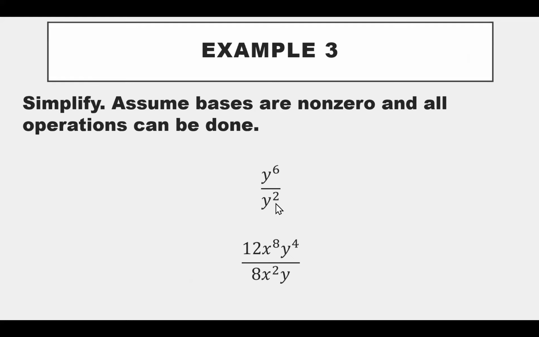Y to the 6th divided by y squared. And then we'll do 12x to the 8th, y to the 4th divided by 8x squared y. Go ahead and push pause on the video and do this one on your own if you'd like. In a couple of seconds, I'll show you how each of these two are done.